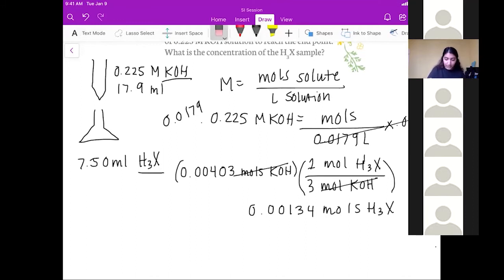So now we are in moles of H3X, but the question was specifically asking for concentration, and concentration always means molarity. So that means we have to find the molarity of H3X. So let's write out our formula: moles over liters, molarity. What would go on the bottom here?